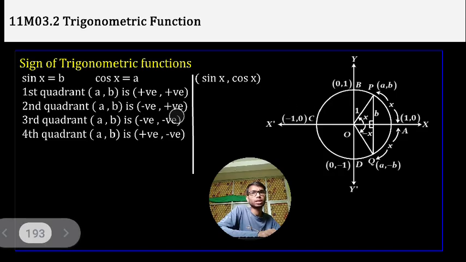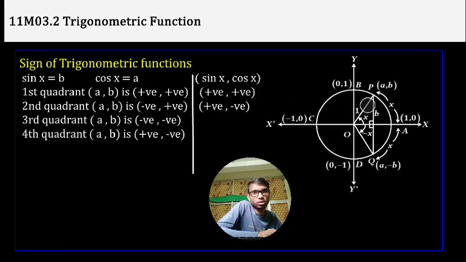Sine is positive, so sine x is positive and cos is also positive. Sine x is positive, but here cos x is minus. This is sine.